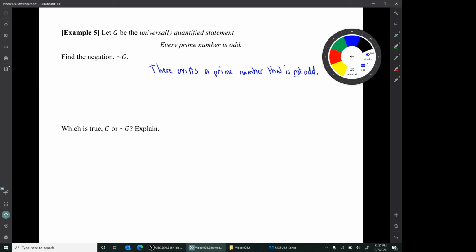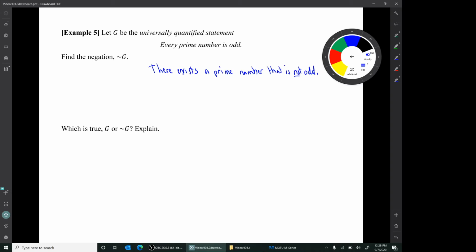Well, let's think about prime numbers. 3, 5, 7, 11, 13. Those are all odd numbers. Remember, a prime number has to be a positive number greater than 1, and its only factors are 1 and itself. So the only factors of the number 3 are 1 and 3. The only factors of the number 5 are 1 and 5, and so on.